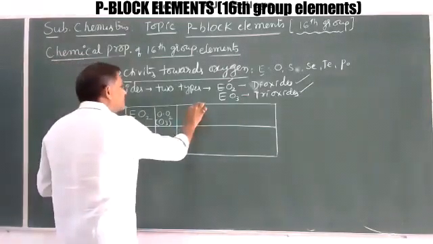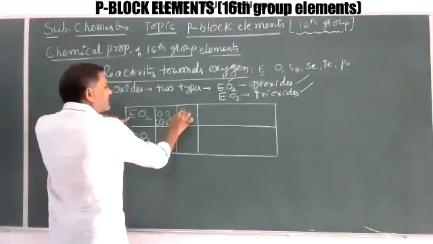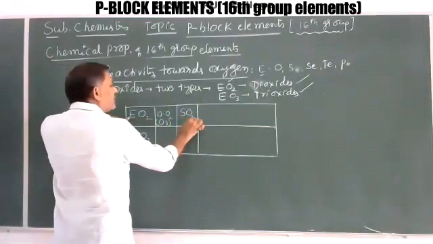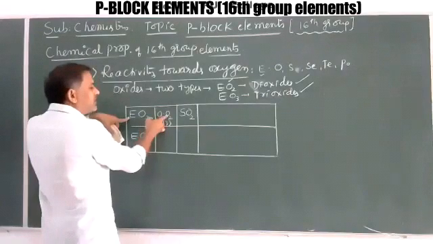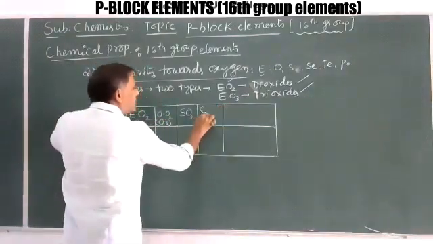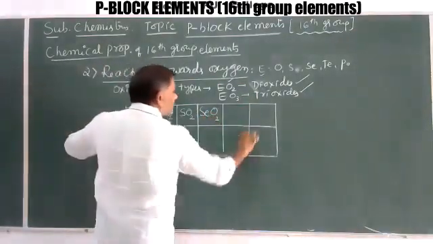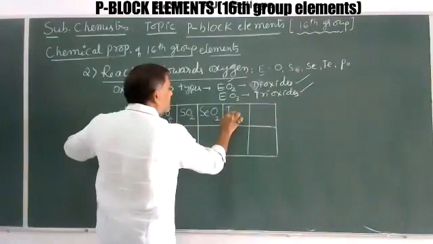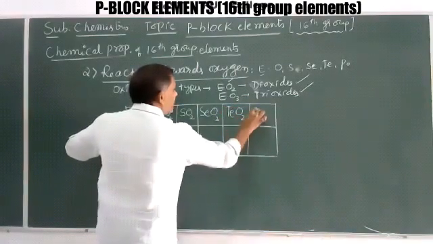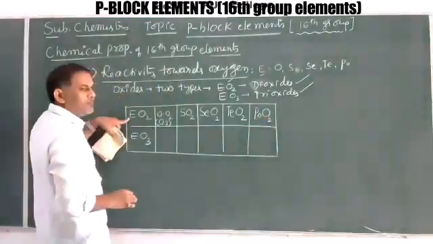Then sulfur combines with oxygen to give SO2, sulfur dioxide. Then selenium dioxide SeO2, tellurium dioxide TeO2, and polonium dioxide PoO2.